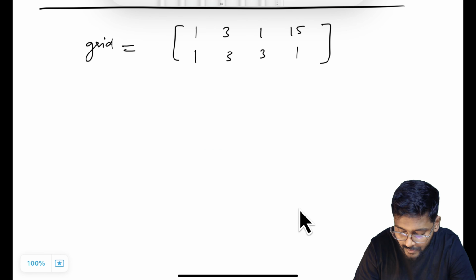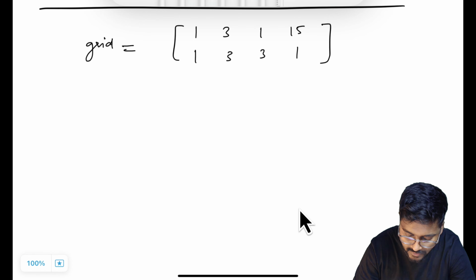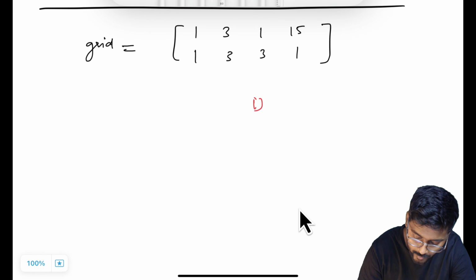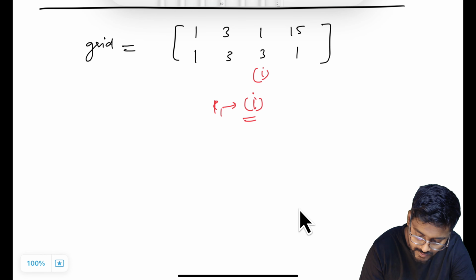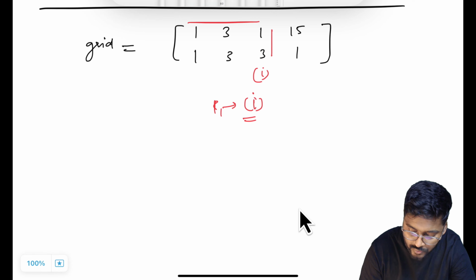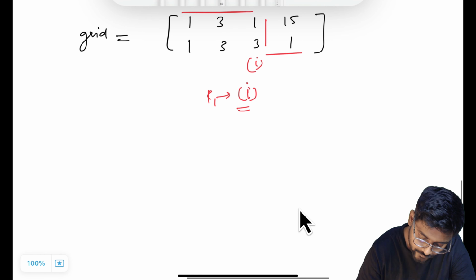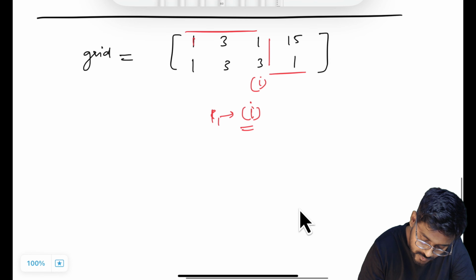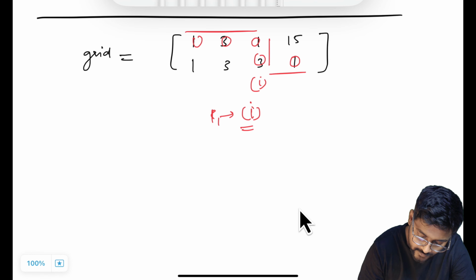Now if we try to build the approach, this is the grid given to us, and let's say robot 1 is making a turn at the ith index. It means till this moment it is going to collect all the points, and then during the turn it is going to collect all the points, and in this case also going to collect all the points. So these all values will become 0, and we are left with two possibilities.